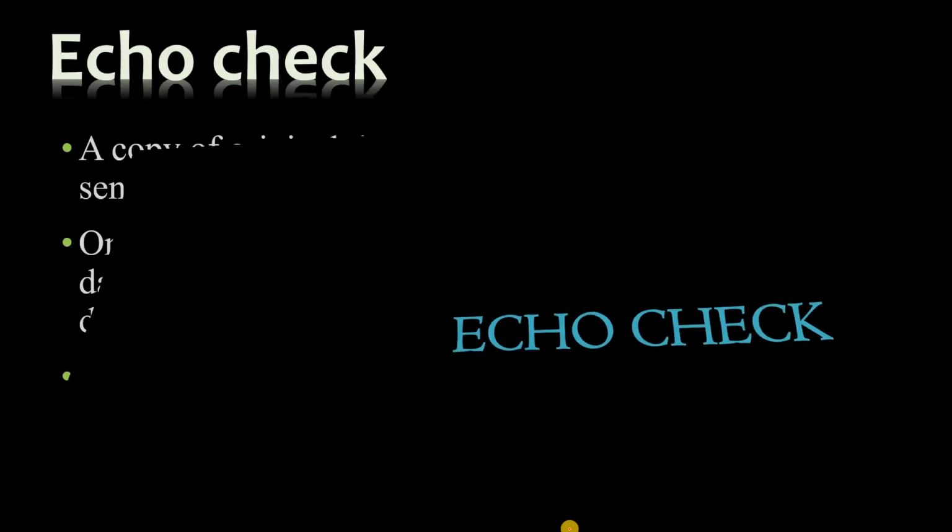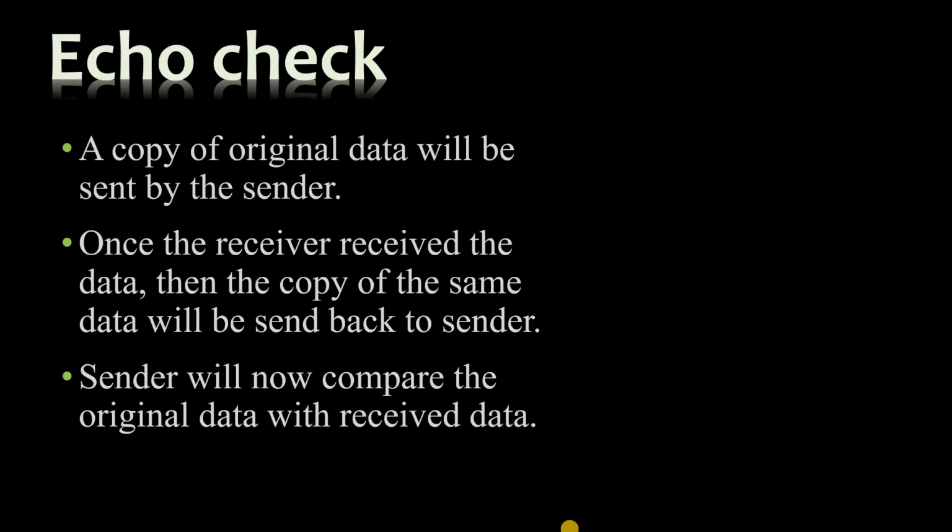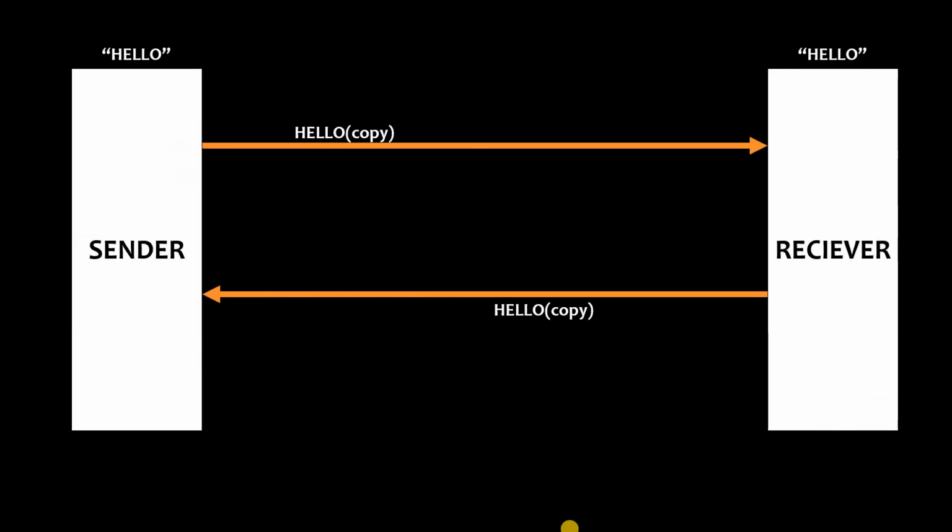The next one is echo check. So from the word itself you can say that echo check means bouncing back the data. Okay, look at this. Copy of original data will be sent by the sender. Say for example we have a sample, hello.